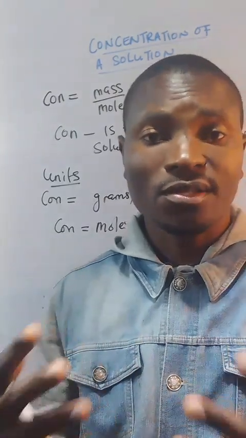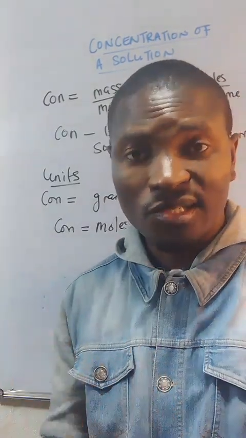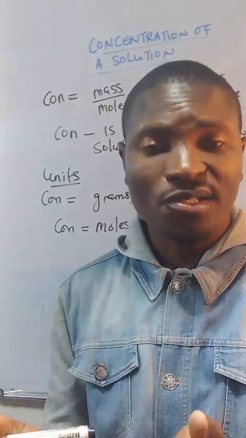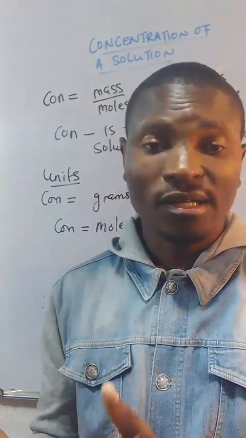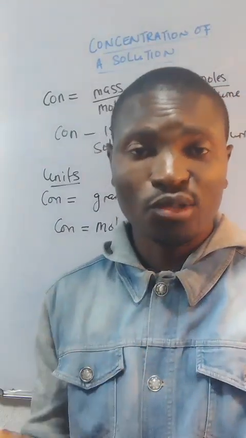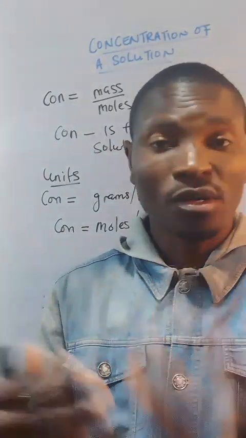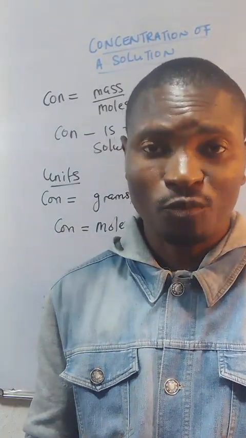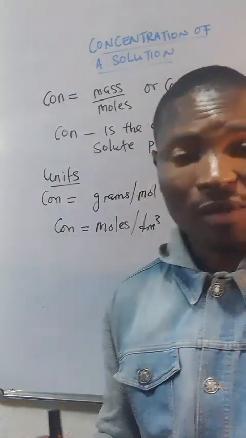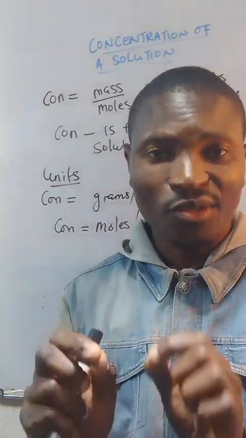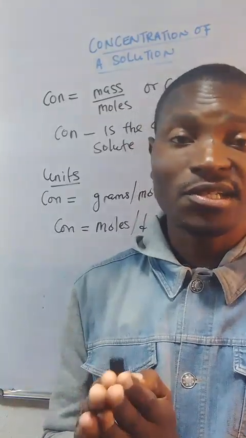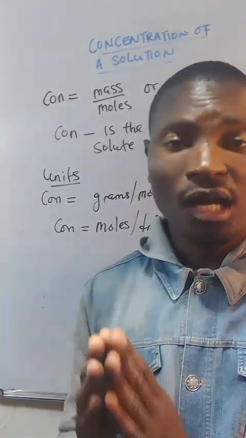We are dissolving that, so we have to understand the mass of this sodium chloride that we are putting in water in order to form the solution. So we have grams per volume, and also another unit of concentration, which is moles per volume.